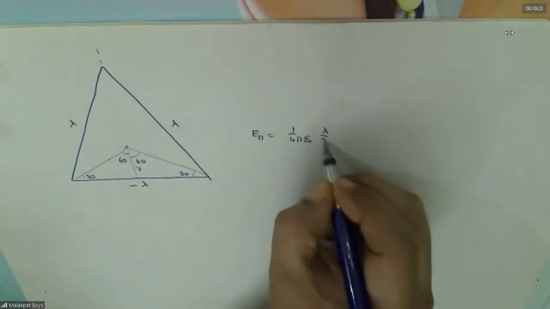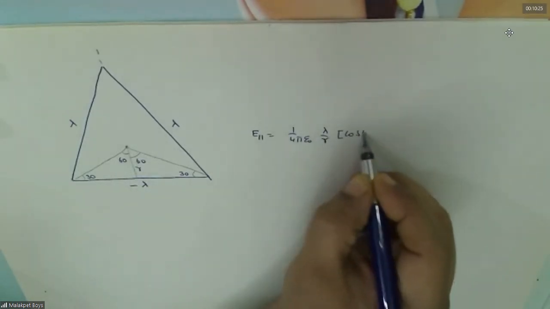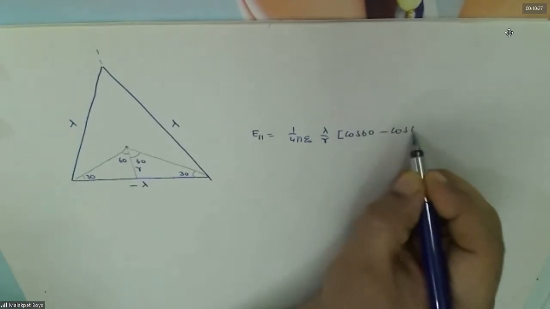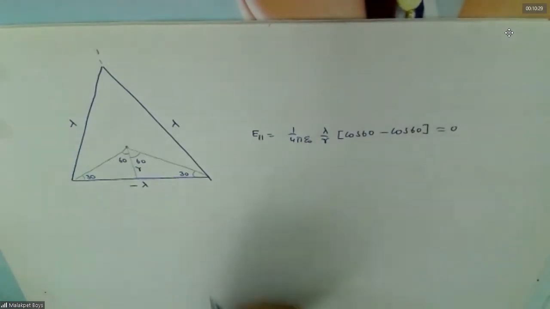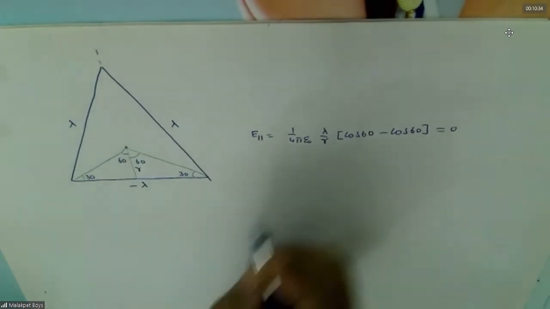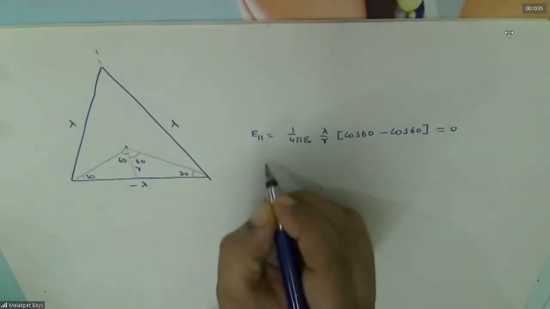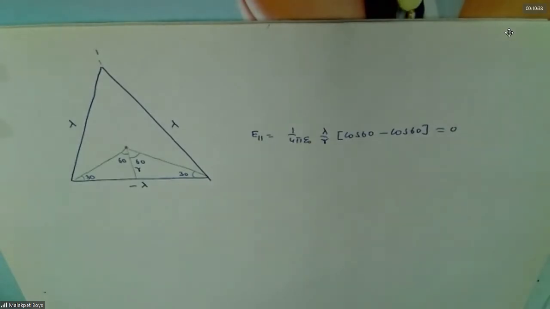No, sir, no parallel component. cos 60 minus cos 60 is 0. Just now you have seen that if the angles are the same, it will be 0, no? That means E parallel will not exist. Okay.